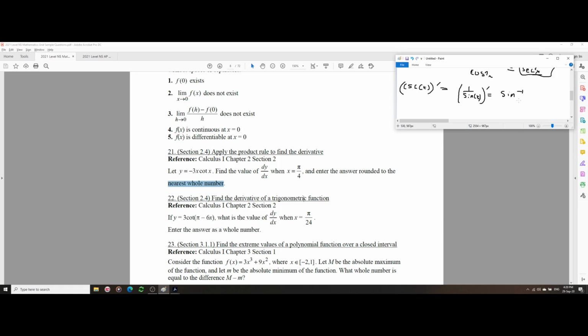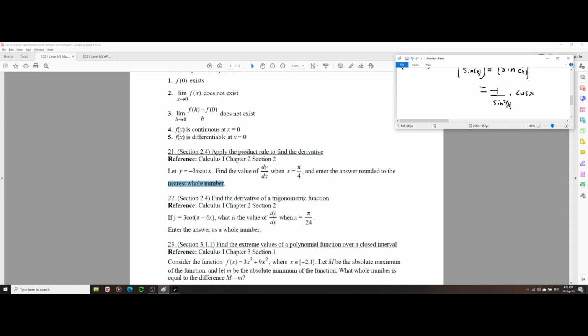So minus 1, that's right. Just drop the minus 1 here, and then subtract one from the exponent, so you get sine squared x, times the derivative of sine itself, so that's cosine x.